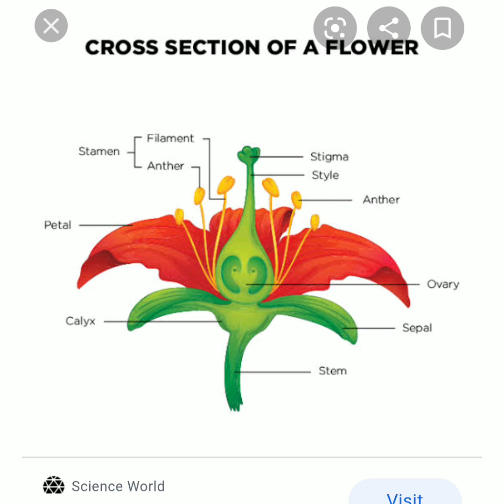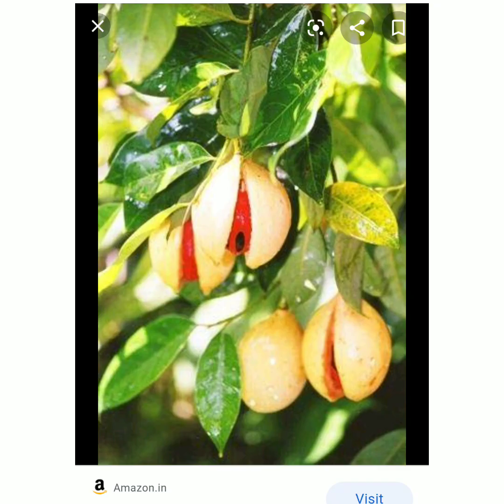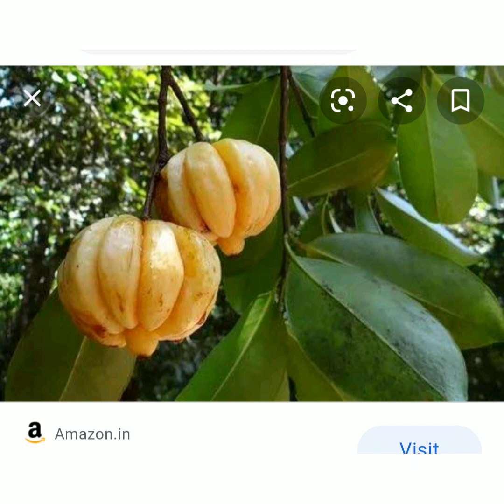Some plants are male plants because they produce only male flowers. Example, in the case of nutmeg, commonly known as jadikya maram. It has a male plant and a female plant. The male plant does not give rise to fruits. The other one is the gambuj tree, known as kudambuli.